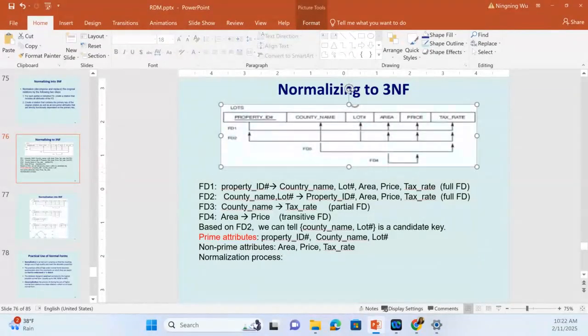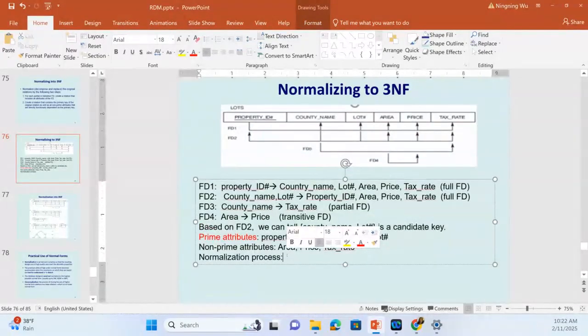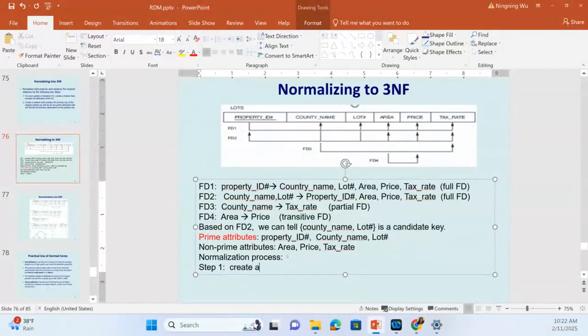Okay, so I think we can make it a little bit small. For the normalization process, step 1, we have to follow two steps. We create a schema based on FD3, which is the partial.